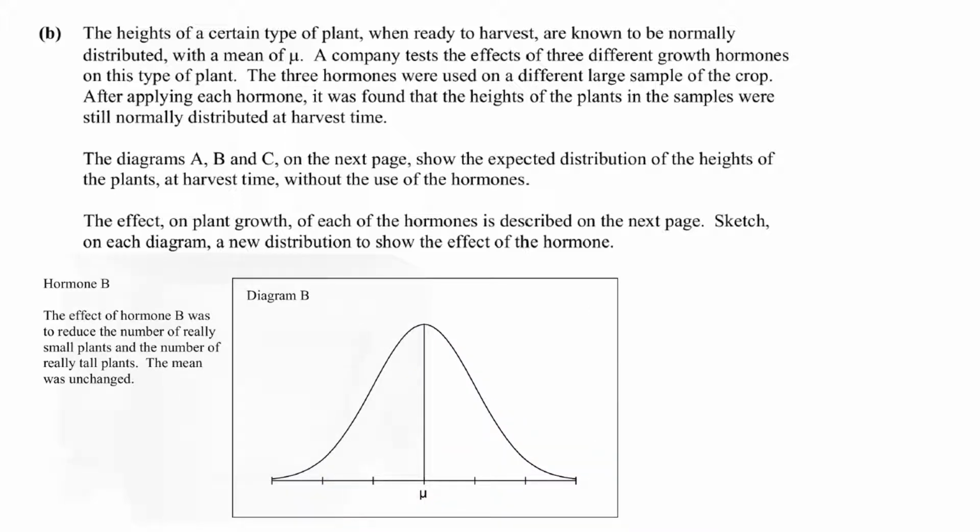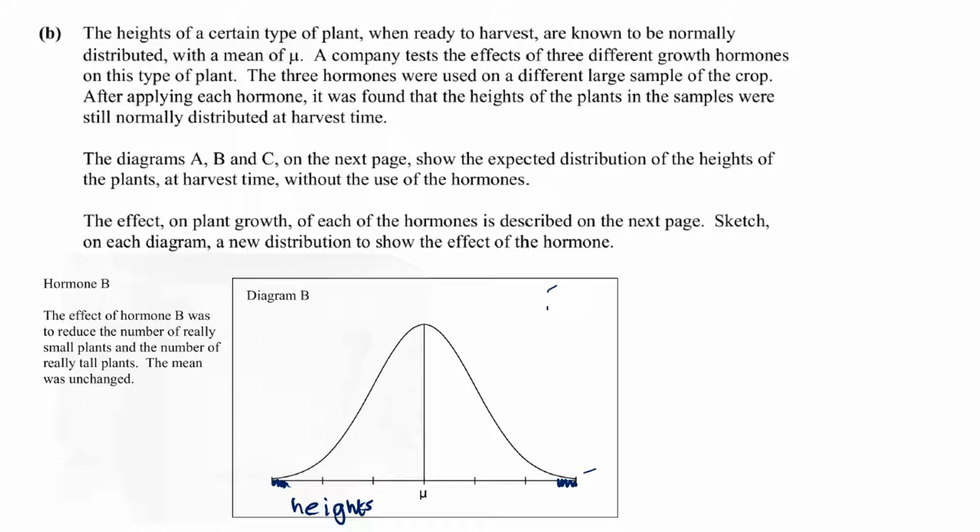So hormone B then, it says the effect of hormone B was to reduce the number of really small plants and really tall plants. The mean was unchanged. So what has happened here is, again, remember these are our heights. If I have my heights here, these are my small ones and these are my really tall ones. So they effectively disappear.